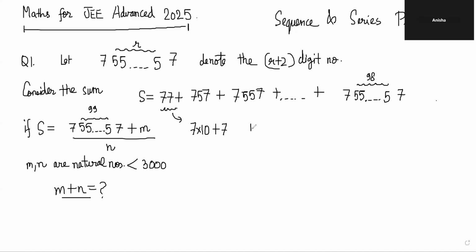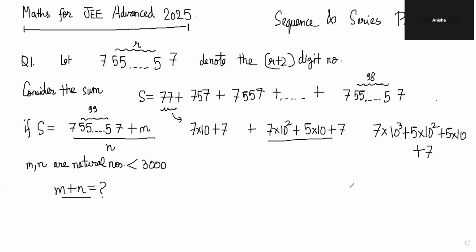Then the second one is 7 into 10 squared plus 5 into 10 plus 7. And 7 into 10 cube plus 5 into 10 square plus 5 into 10 plus 7.